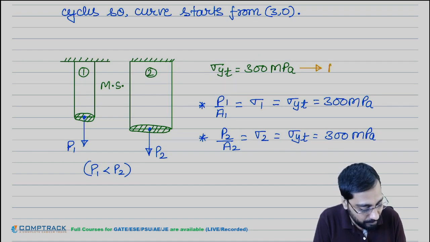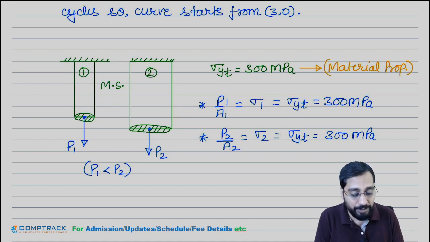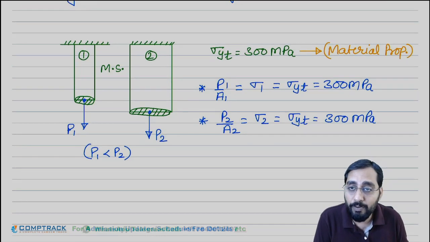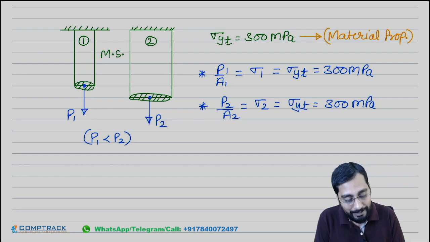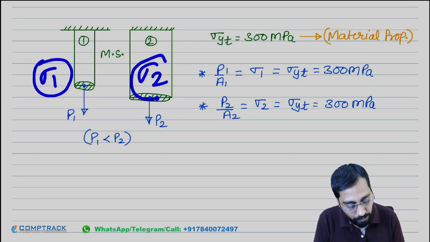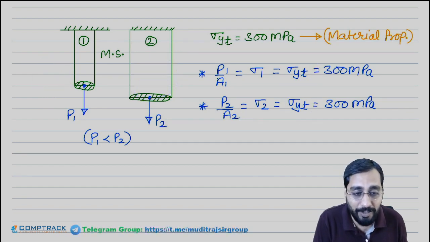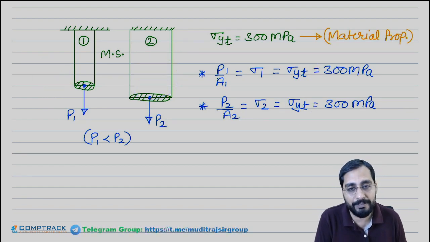Did you understand? It is not depending on the shape and size of the members. In both the members, failure will start only when sigma 1 reaches sigma YT and when sigma 2 reaches sigma YT. This is why it is called a material property.